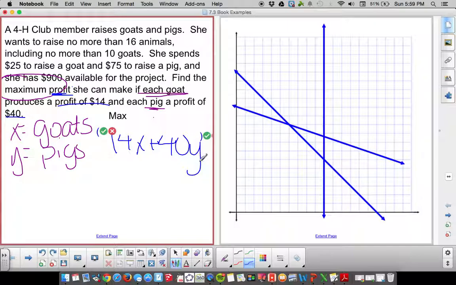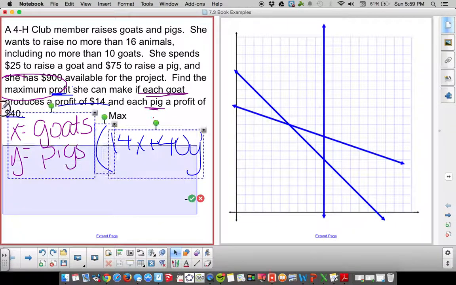Now I need to work on getting my constraints. So my constraints come from the rest of the information, and they're a system of inequalities.